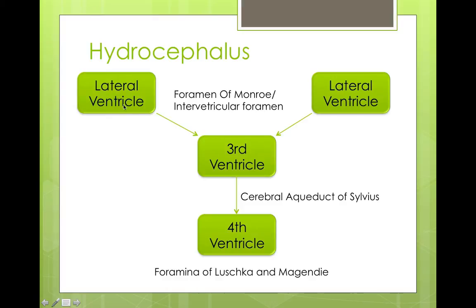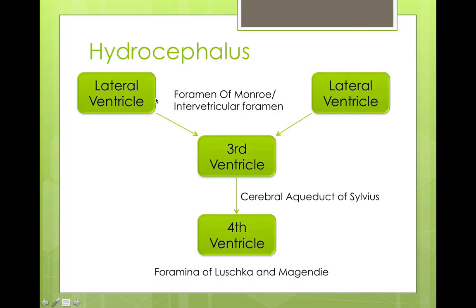So 1 Monro, 2 Monro. Those surnames are being forgotten already, and we have new names without surnames, which make more sense. Now they're called interventricular foramina. So one interventricular foramen, another interventricular foramen.